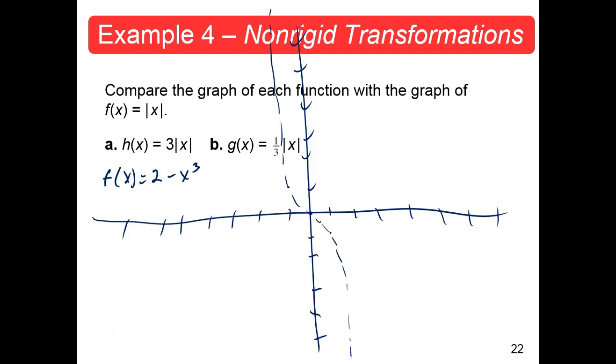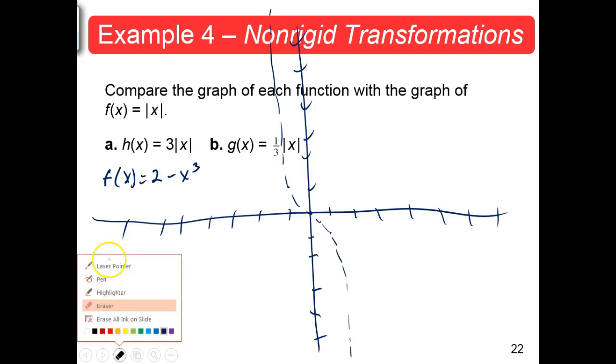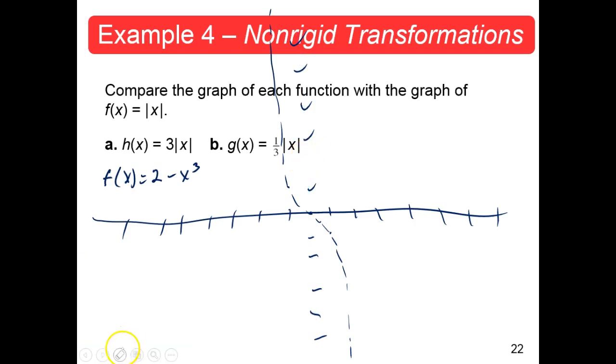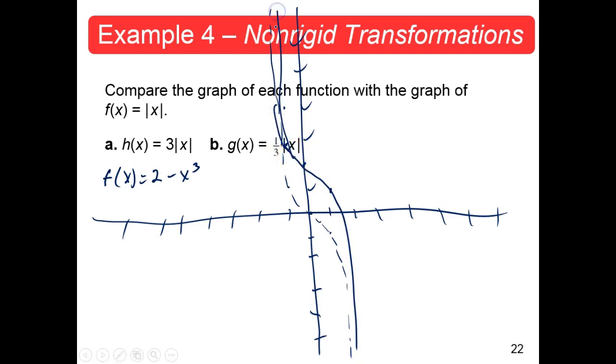So this one goes up 2. That goes to there. This one goes up 2. That goes to there. So here's what it looks like. Now your curve is like this.